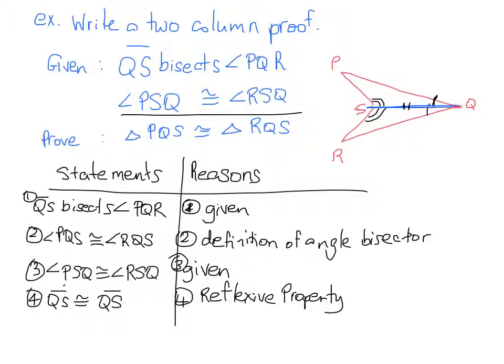And that is enough to prove that these two triangles are actually congruent to each other. So our fifth statement is that triangle PQS is congruent to triangle RQS. And the reason we know is because of the angle, side, angle postulate.